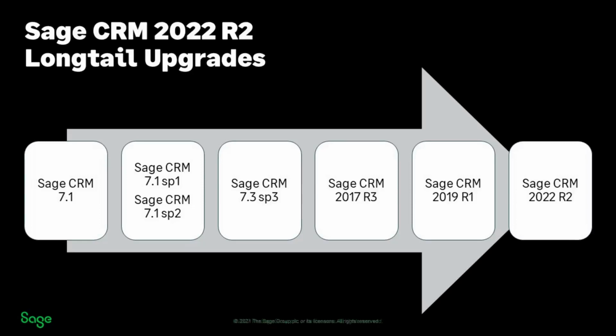Yeah. So if you are upgrading a customer from, say, Sage CRM 7.1, then you do need to upgrade in the steps that are indicated, and do those not just within the test environment, but also in the production environment in the same way. That would include signing on after each step.